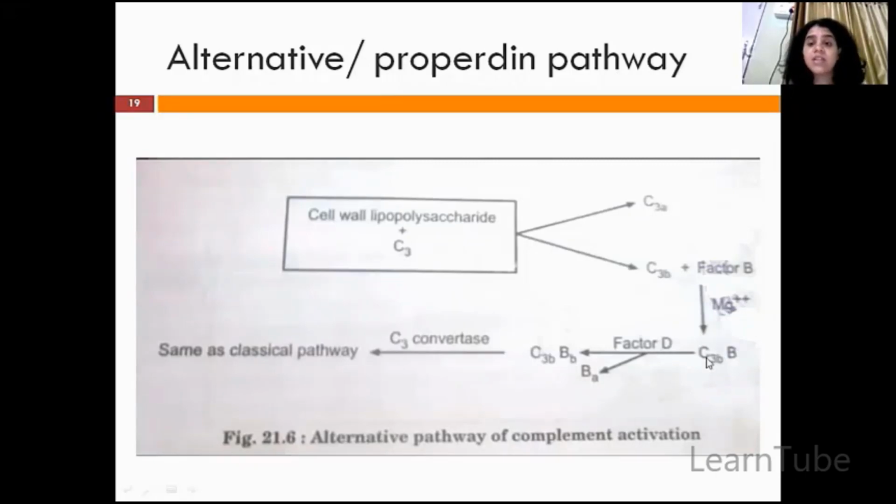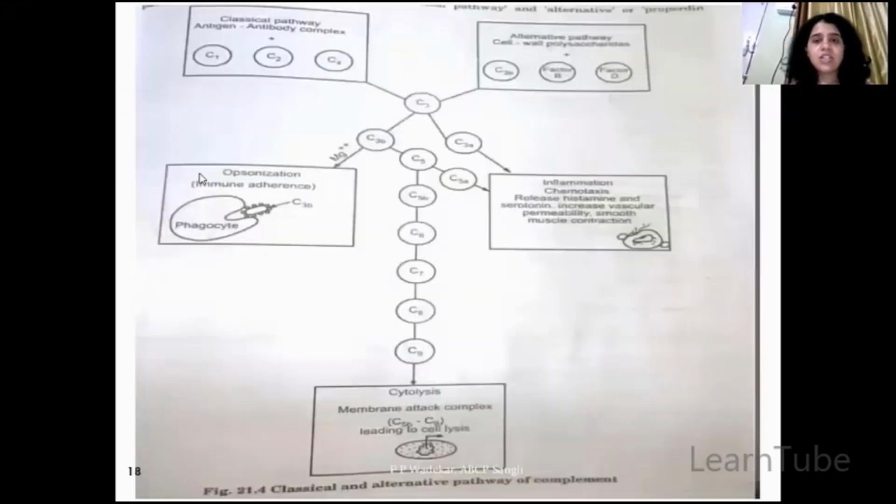This is exposed to factor D, which leads to formation of C3Bb and Ba, and this C3Bb forms the C3 convertase. Further, the same classical pathway is followed. So all this leads to the activation of C3, and the same pathway then continues.